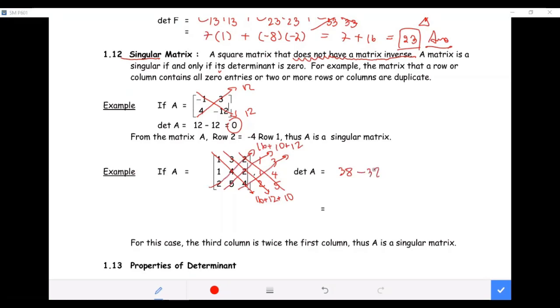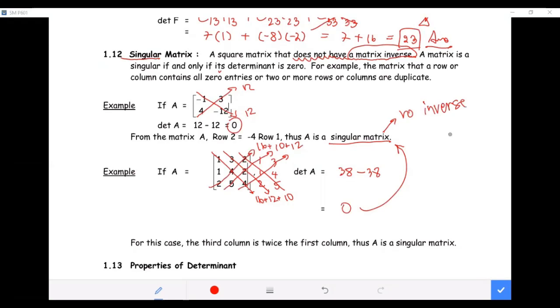So the difference is 0. When it's 0, it's a singular matrix, and a singular matrix doesn't have an inverse. Singular matrix, I would just write it like no inverse.